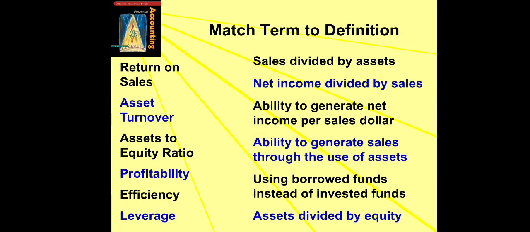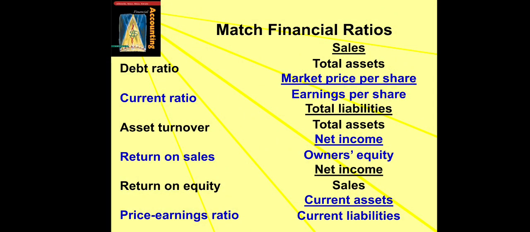Okay, these are the 5 ratios that you have to know in this course. See, the first ratio that you have to know is debt ratio, second current ratio, third asset turnover ratio, the fourth ratio is return on sales ratio, and then the fifth ratio is return on equity.